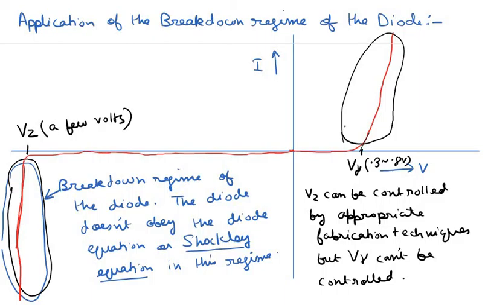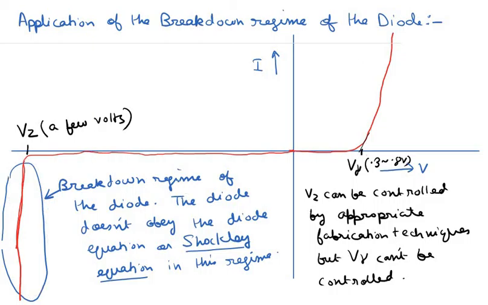In other words, the slope of this IV graph in the breakdown regime is higher than the slope of the IV graph in the forward bias regime beyond the cut-in voltage. Or in other words, in the breakdown regime, the current increases more sharply compared to the forward bias regime beyond the cut-in voltage.